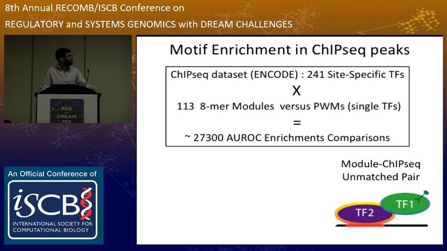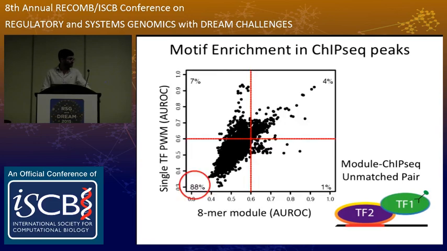In this case, we compared the peaks with the remaining modules that are not expected to be present, so having more than 25,000 enrichment comparisons. And what we saw is that most of the time this is a rare event, a rare regulatory event that is not predicted by both the modules and the position weight matrices.